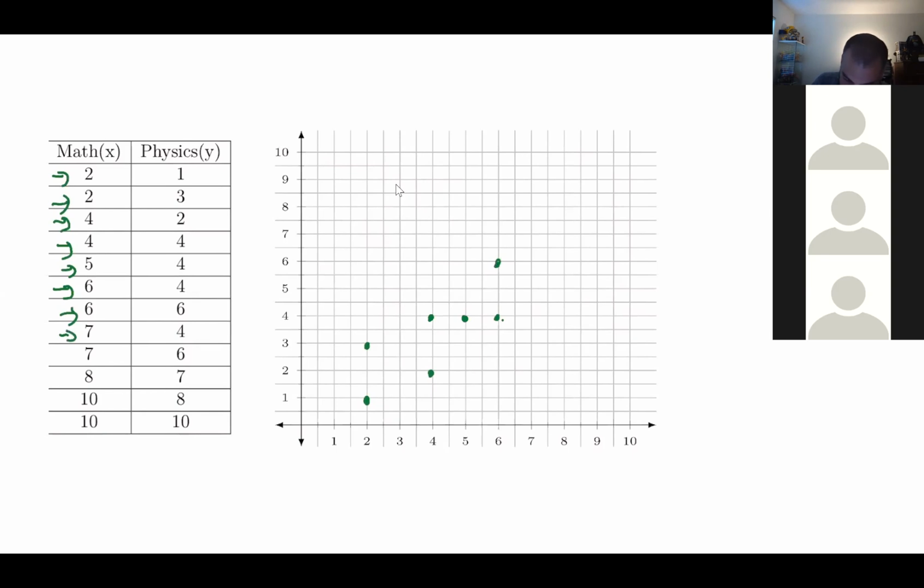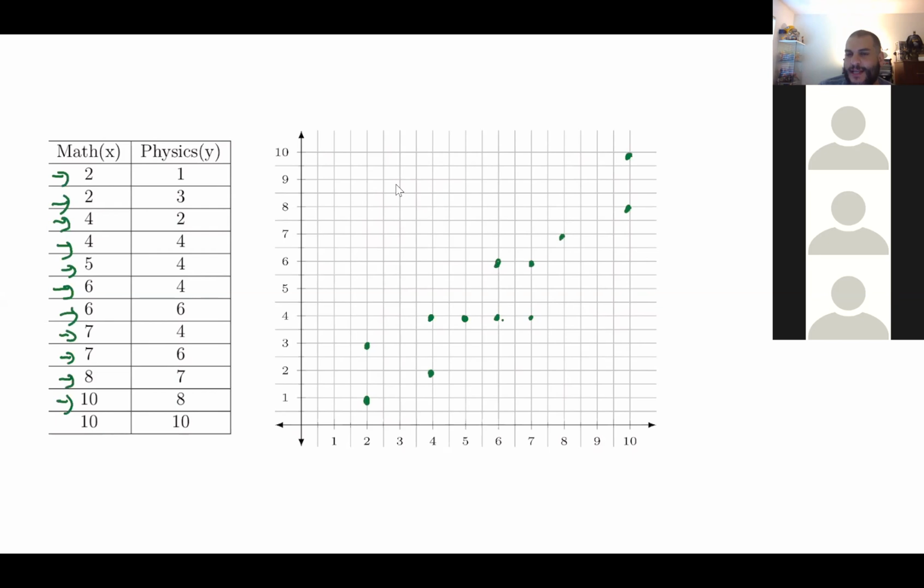Then 7, 4. We get 7, 6. 8, 7. We get 10, 8. And lastly, 10, 10. All right, so that's our scatter plot.